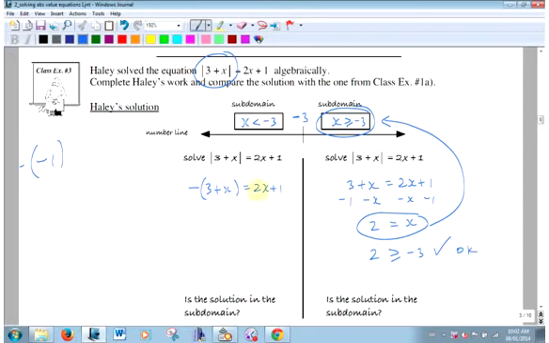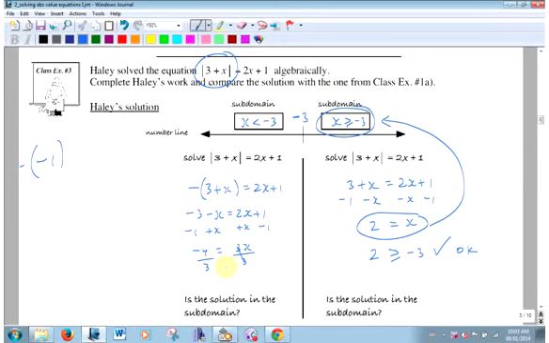Let's look at this. That's minus 3 minus x is 2x plus 1. Let's add x to both sides. 3x. Let's get the numbers over there. Is minus 4. Divide by 3. So x is minus 4/3. That's telling me that's a solution. Does that work with my subdomain? This is only working if values of x are less than minus 3.